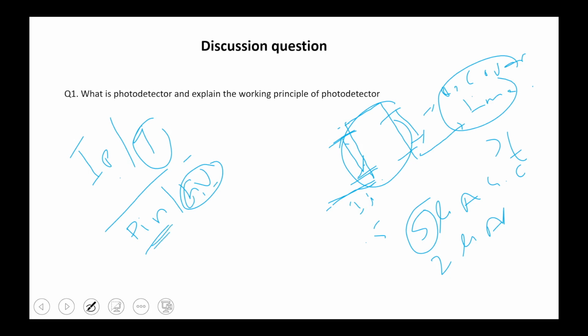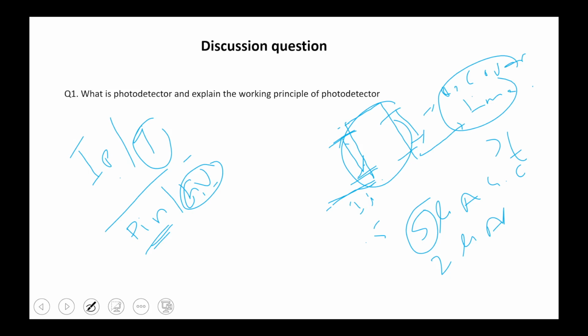It signifies how efficient our material or photodetector is: if we shine light at 365 nanometer, 500 nanometer, or the whole visible spectrum, how many electrons will be generated on that material. If the quantum efficiency is higher, more electrons are generated per unit of incident light.